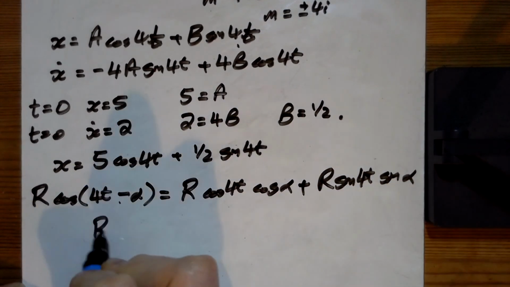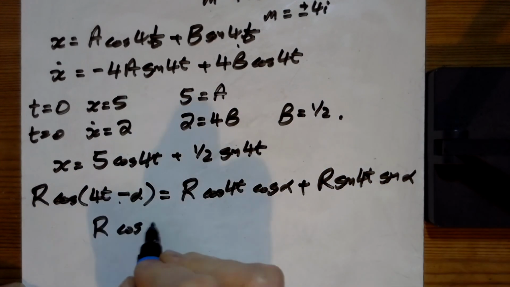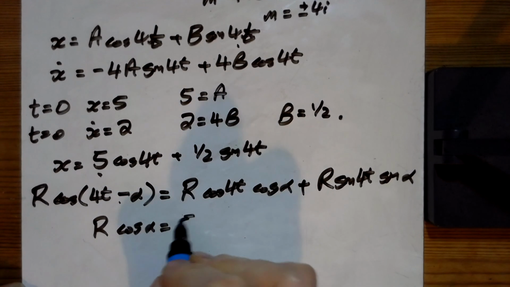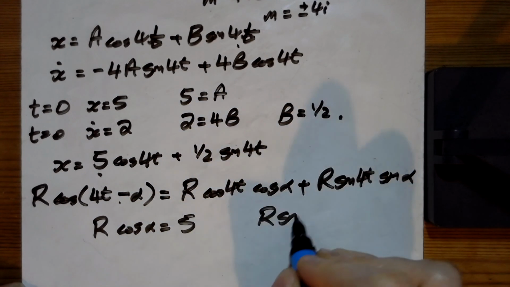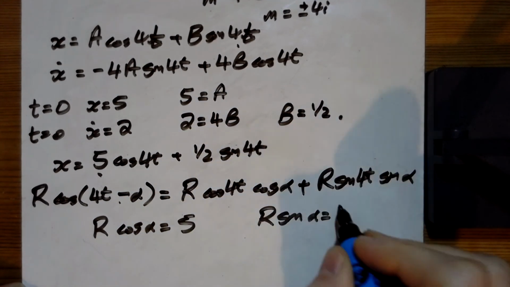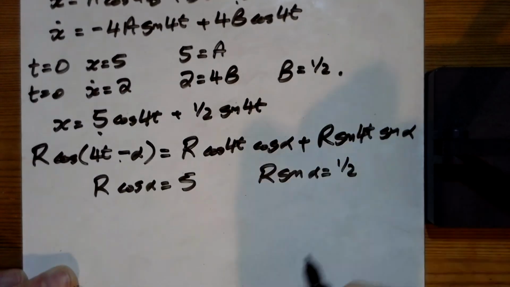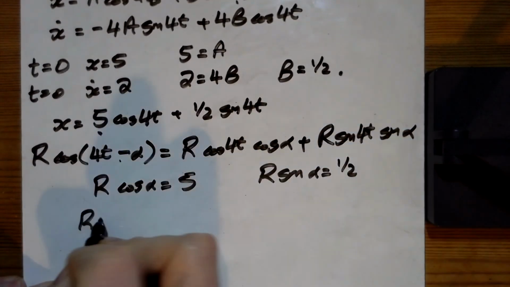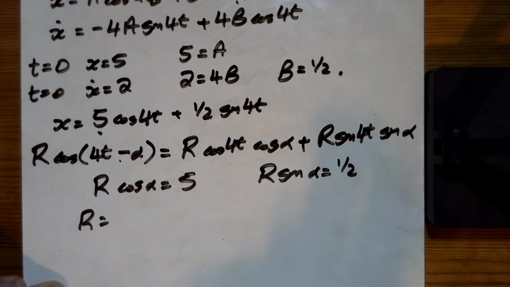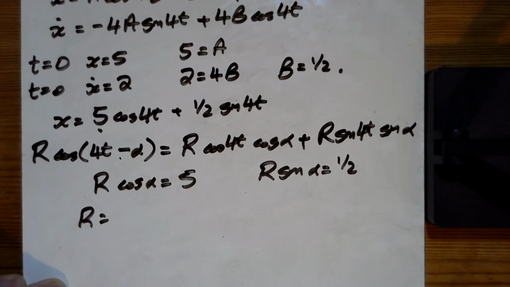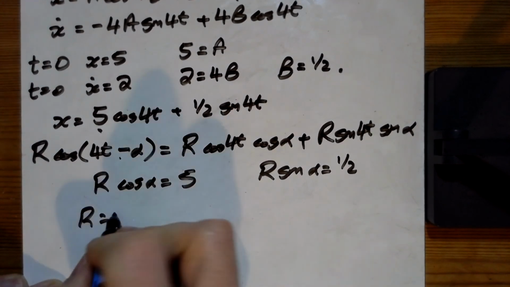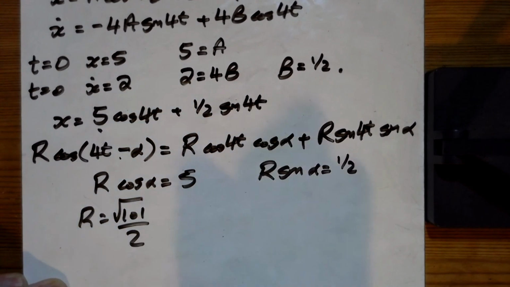So it tells me r cos alpha equals the first one, 5, and r sin alpha equals the second one, a half. And r is equal to the square root of 5 squared plus a half squared, which gives root 101 over 2.